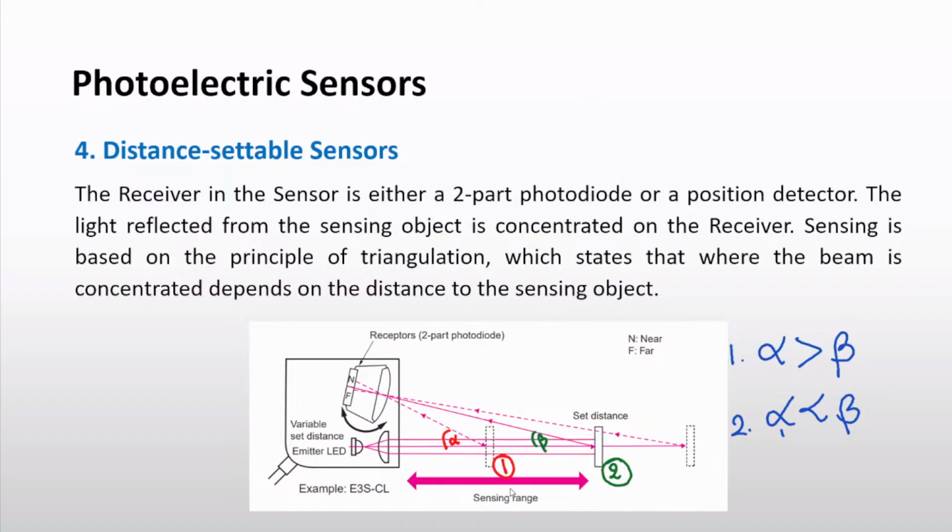Yes. So the first one is correct. That means we can consider the angle of the receiving light. According to that angle, the concentration of the light beam on the receptor will change its position.